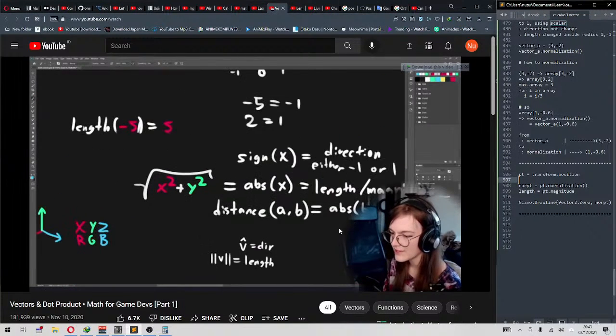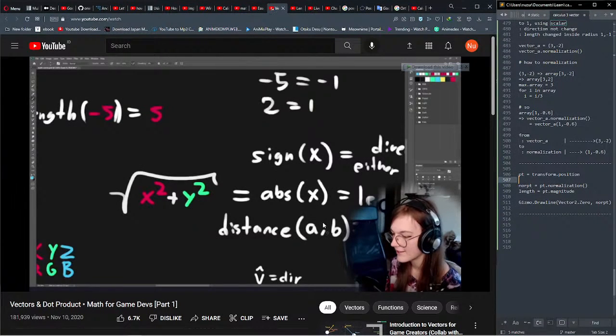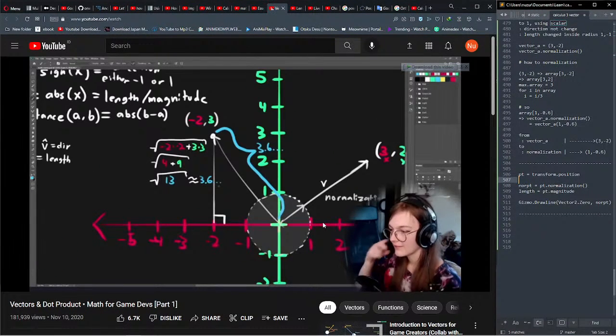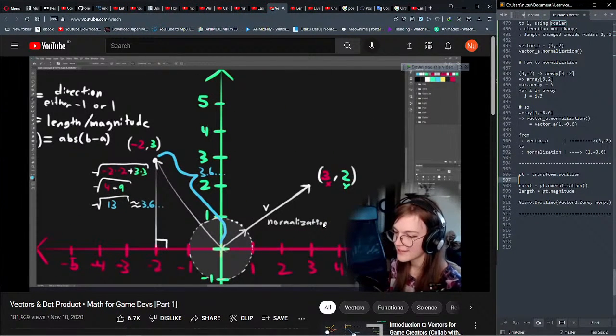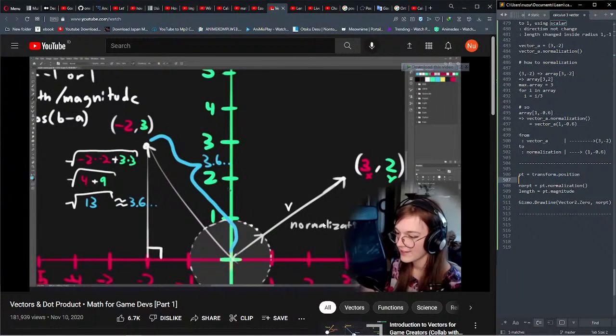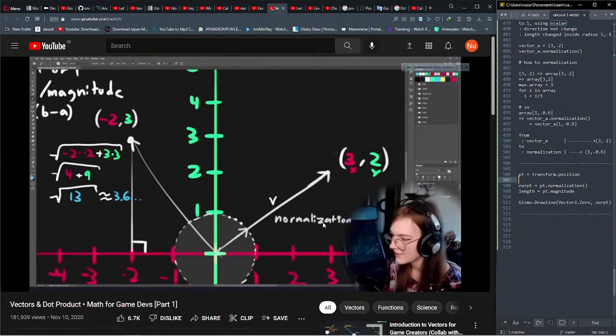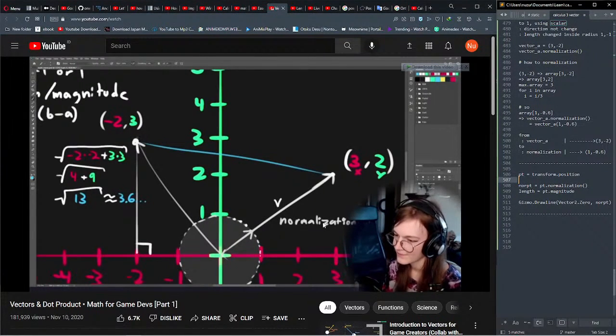So now we've just talked about how to get the length, but not how to get the direction or sign, and not how to get the distance. Okay, let's do the distance. Now that we know how to get the length of something, if we get the difference vector, or the displacement between two vectors, let's say we want to get this vector between these two right here.